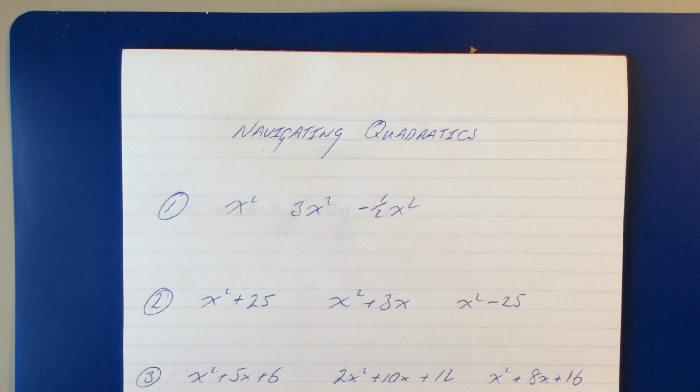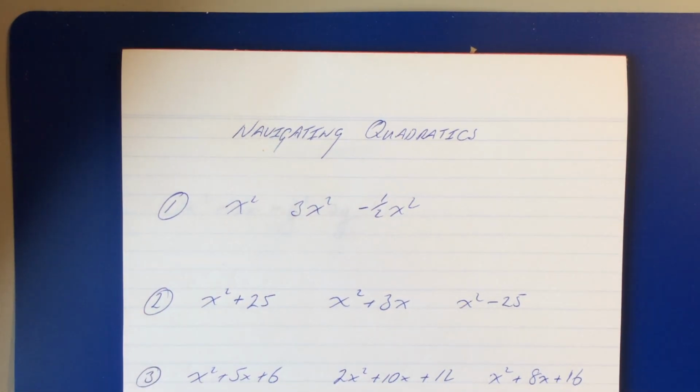Today we're going to have a look at how you navigate your way through the many forms of quadratics that there are. Now, this video was inspired by a student of mine who wanted to revise quadratics, and what became obvious when he approached them was that he didn't really recognize the different types of quadratics that he was confronting, and therefore he really spent a lot of time trying to factorize quadratics, unsuccessfully sometimes, because he was going about it the wrong way, because he didn't recognize the type of quadratic that he was looking at.